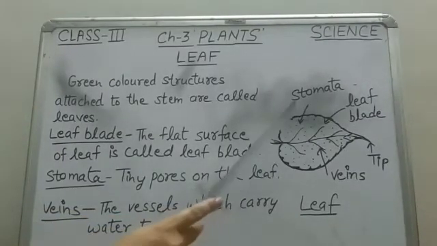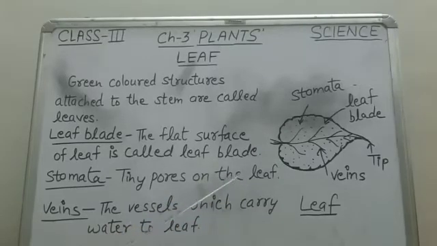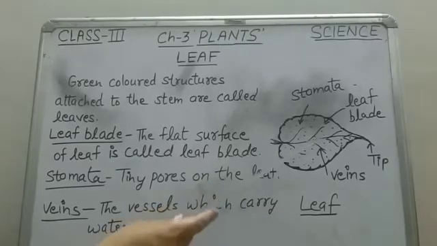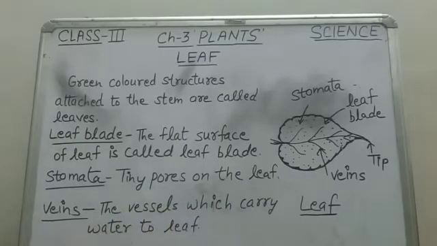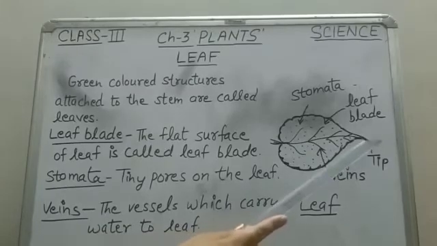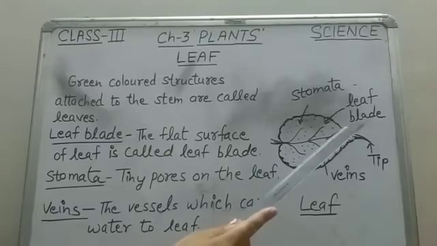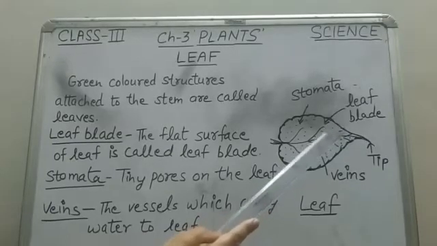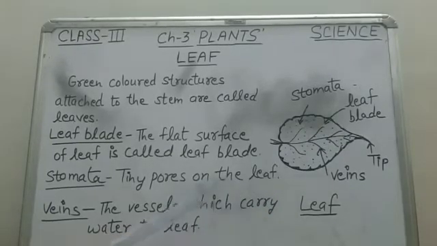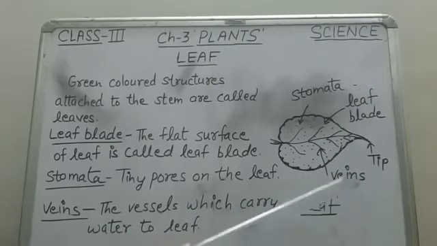These are called stomata. Tiny pores on the leaf are known as stomata. It helps the leaves to breathe. Then this line is the main vein, and these are the side veins. These are known as veins. The vessels which carry water to leaf are known as veins.